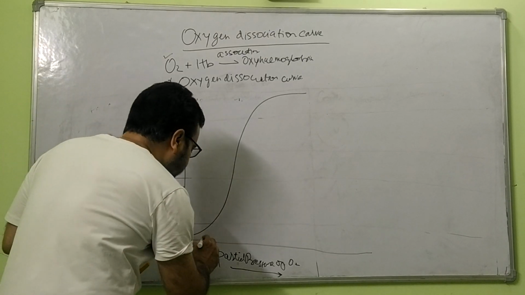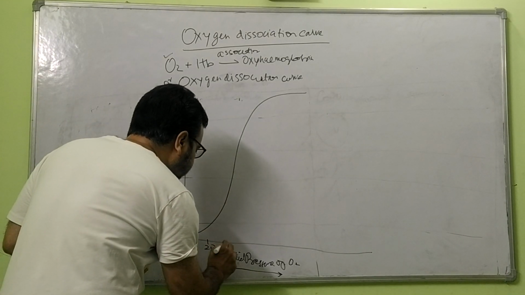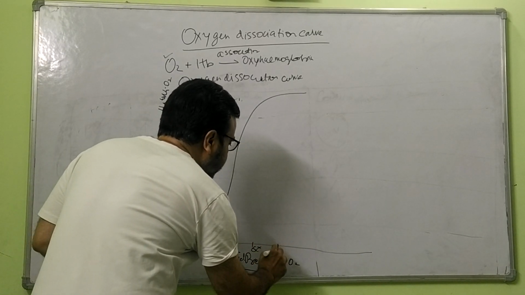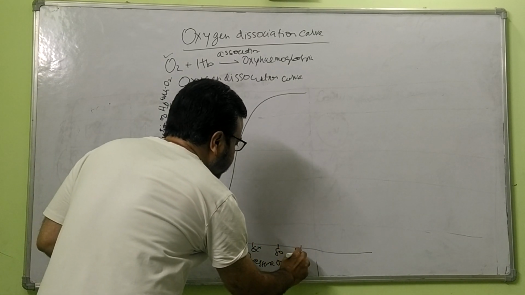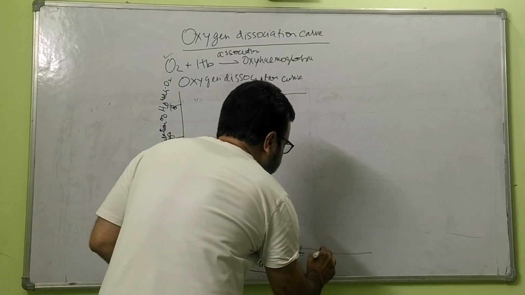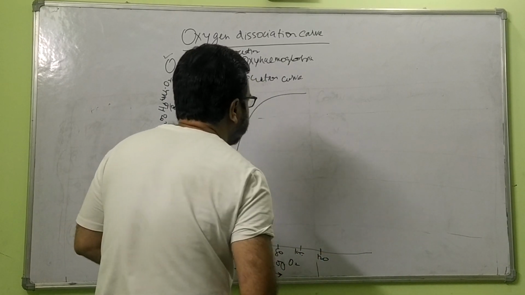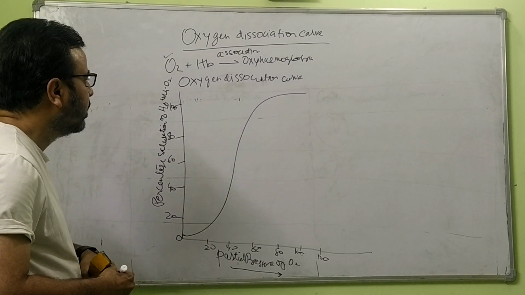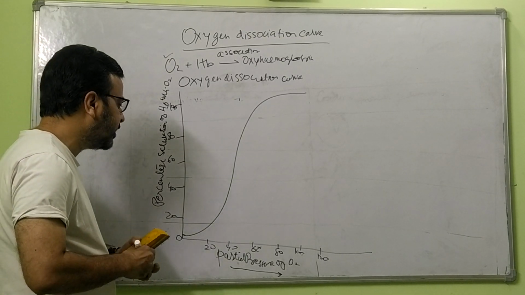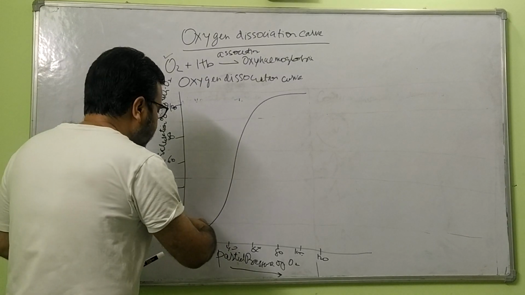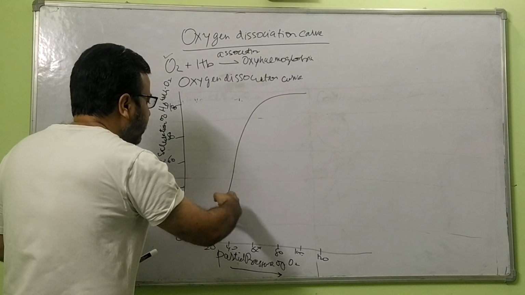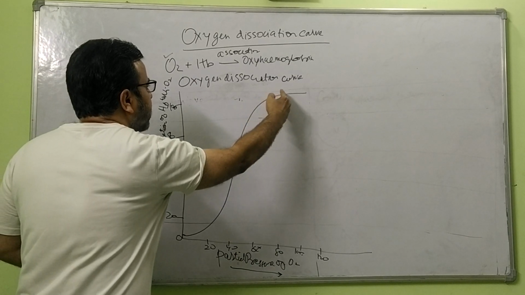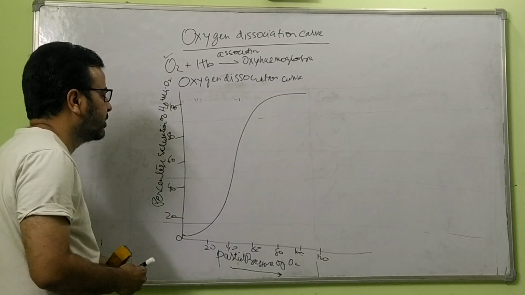And here the partial pressure in mm of Hg, 20, 40, 60, 80, 100 and 120 mm of Hg. So what we can see here is this S shape, there is a slow and then accelerated phase of this saturation and then plateau or saturation.